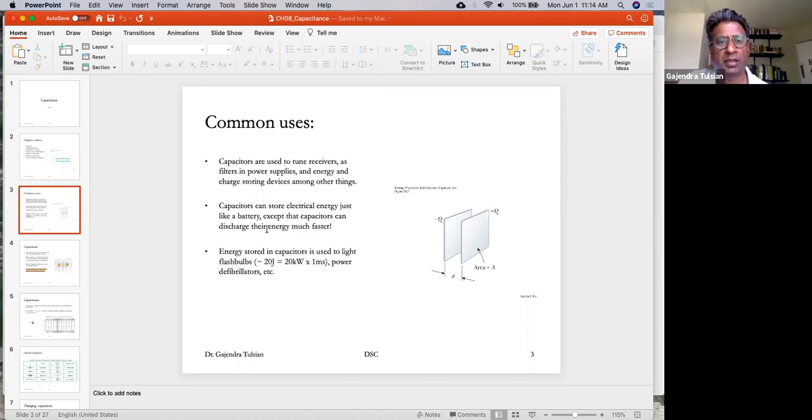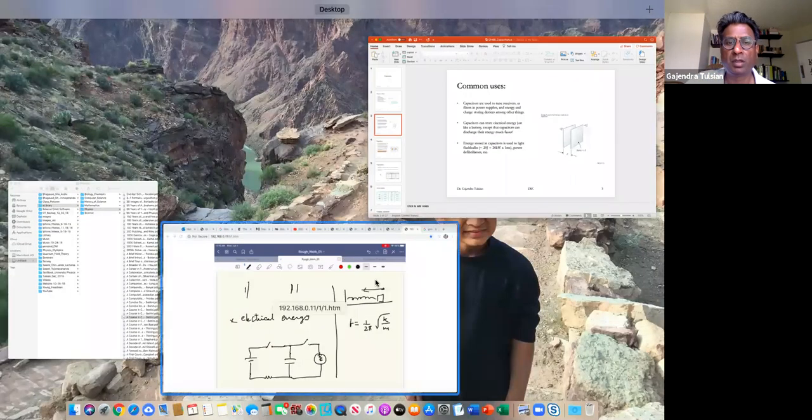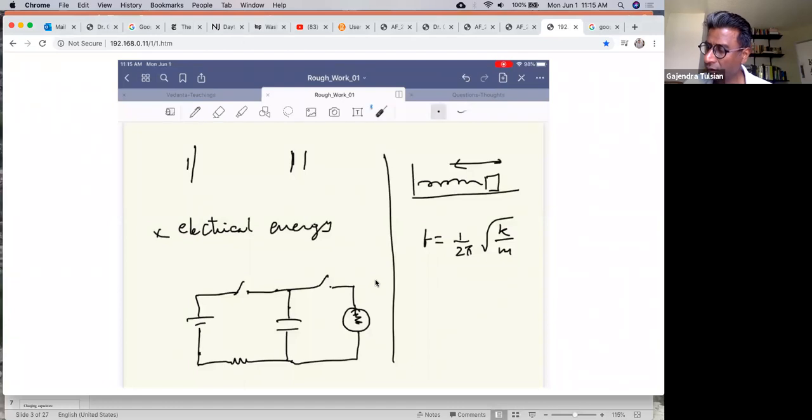Capacitors can store electrical energy just like batteries, except that capacitors can discharge their energy very fast, and that's the largest application that we'll see. So in this circuit that we saw previously, when you close the switch, you can transfer energy from the battery to the capacitor, store energy, open this circuit, and then you can discharge this capacitor through this device.